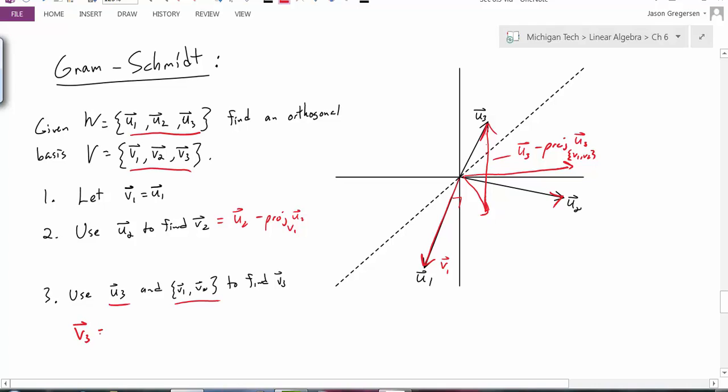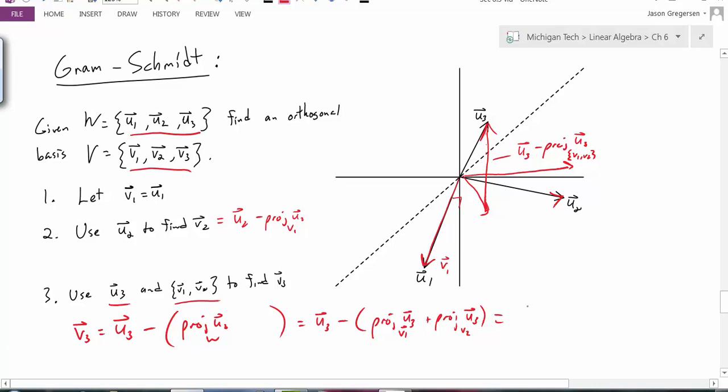The projection of u3 onto that vector space is the projection of u3 onto v1 plus the projection of u3 onto v2.